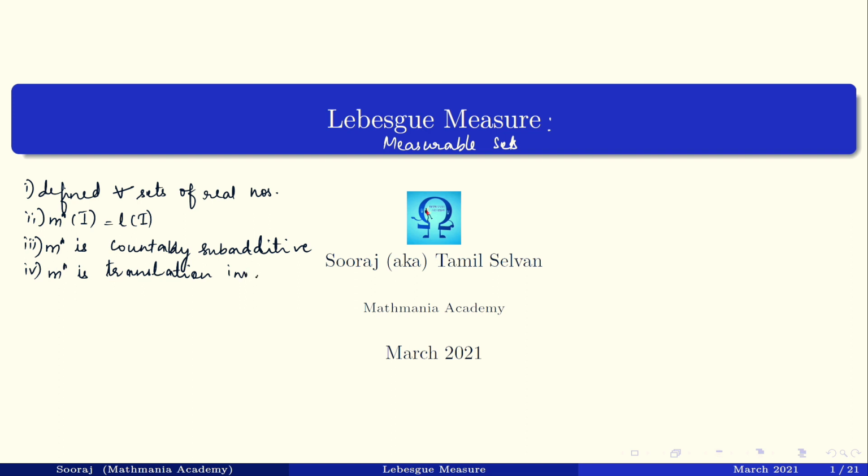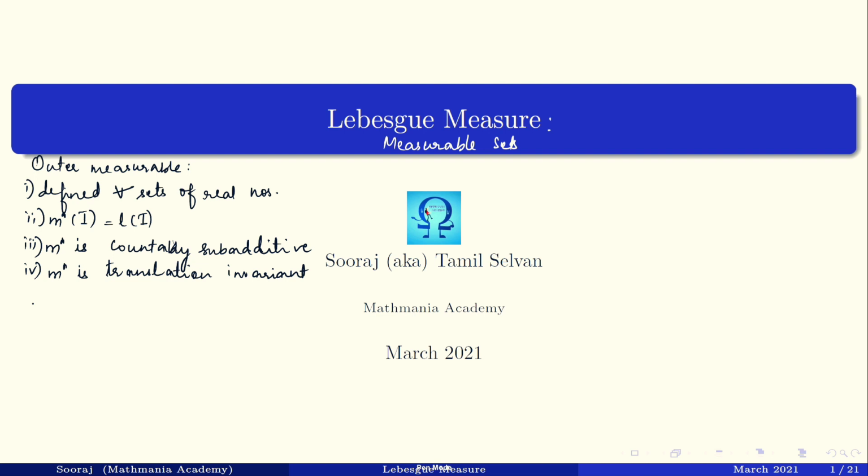So here, if you notice, this outer measure fails to be countably additive. Why should we go for countable additiveness, even if it is not finitely additive?